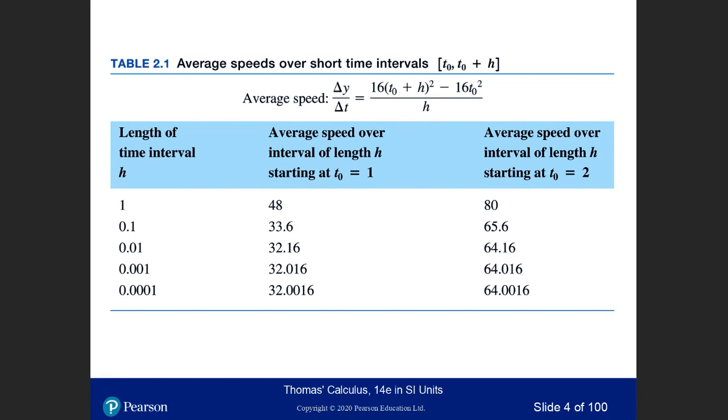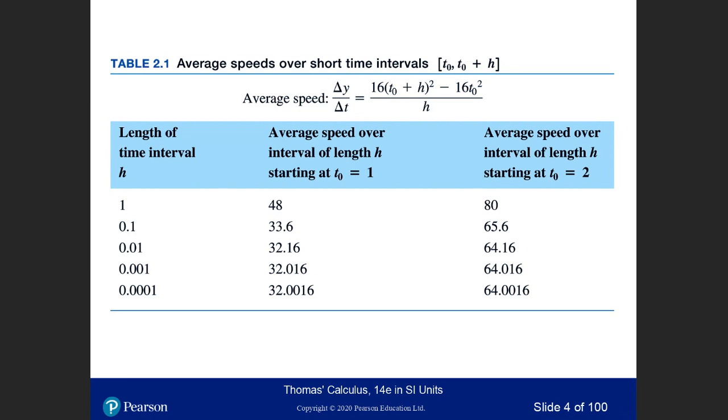When you put 0.001, that's 32.016 and 64.016. And as you can see from this figure, the average speed goes to a constant. Like for t0 equal to 1, the average speed goes to 32.016. So it's getting closer and closer to 32, and here it's getting close to 64.